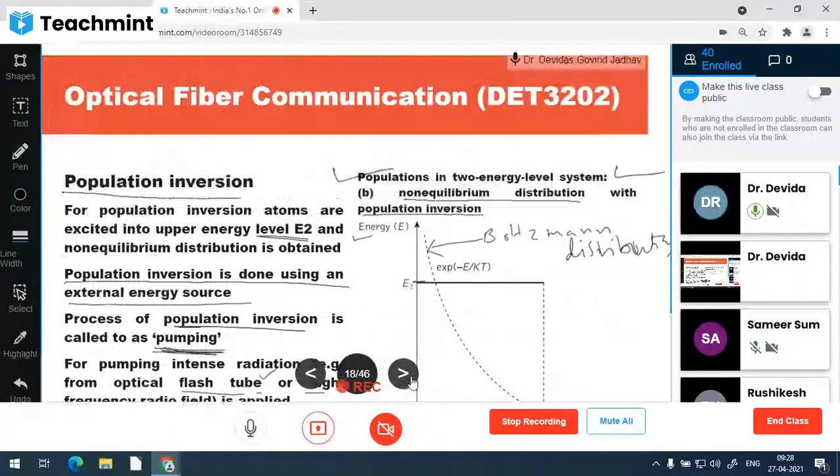So this is population inversion. What is population inversion? Population inversion is nothing but a large number of charged particles or atoms are in the conduction state, the higher energy level, while the number of atoms in the valence state or lower energy level is small.